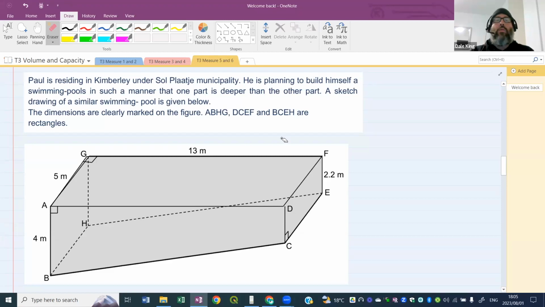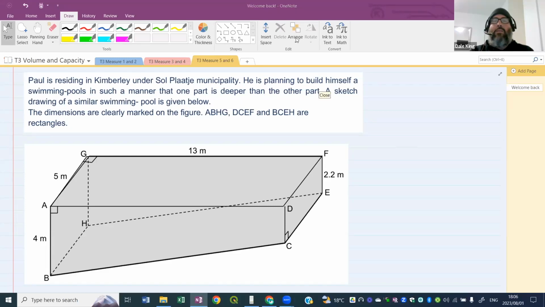DCEF is on this side of the pool. BCEH is the base, the bottom of the pool. They're just telling us that those 3 quadrilaterals are rectangles. That's fine, but that's more of a core math thing. You usually don't see them name letters like that in the question.